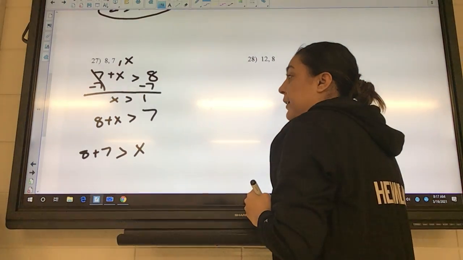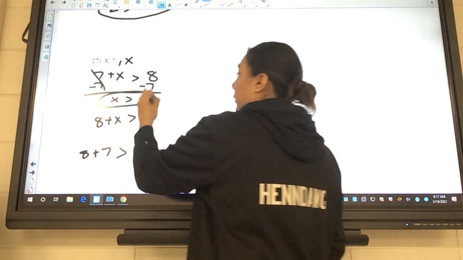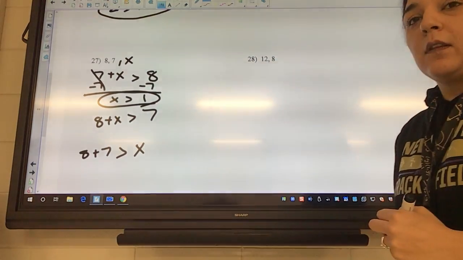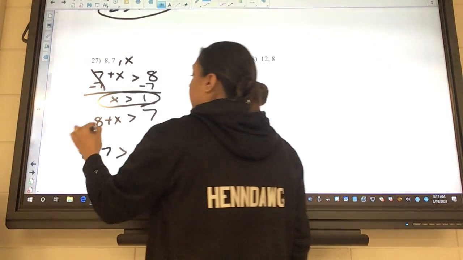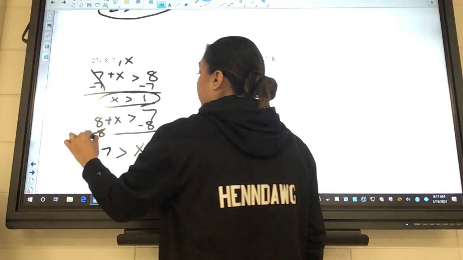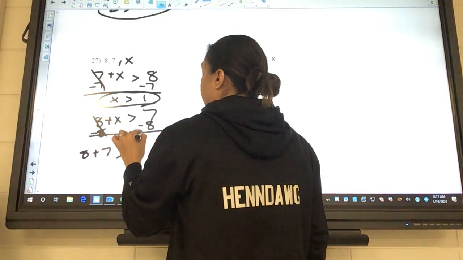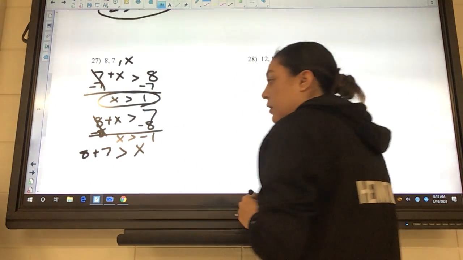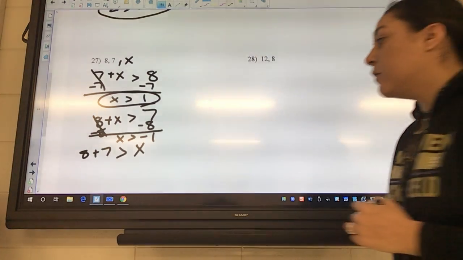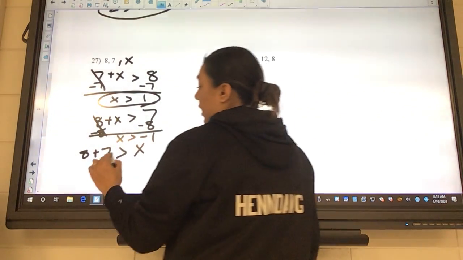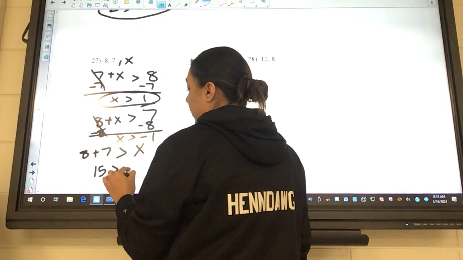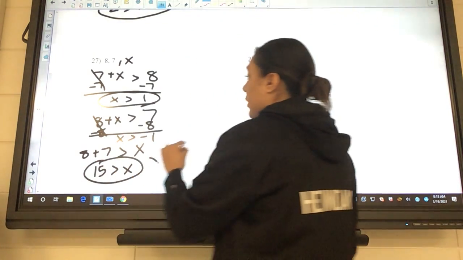So this one's going to be x is greater than 1, so that one works out for one of our answer choices. Okay, minus 8, minus 8. This is going to be x is greater than negative 1. That one does not work out. You can't have a negative side of a triangle. And then this one, 8 plus 7 is 15, is greater than x. And this one also works out.